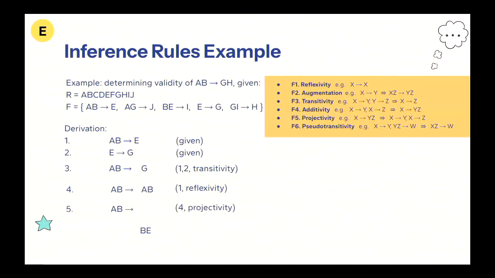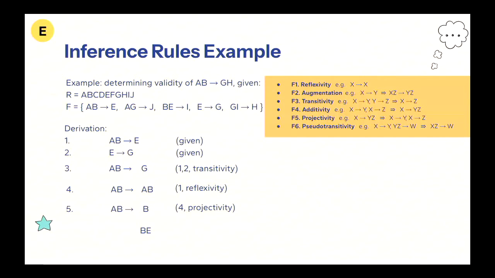And let's say we apply rule 4, projectivity. So AB can determine AB. So what can we get here with projectivity? B. Yes. Let's assume we just put AB can determine B here.